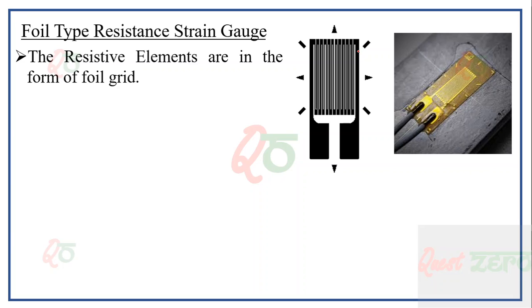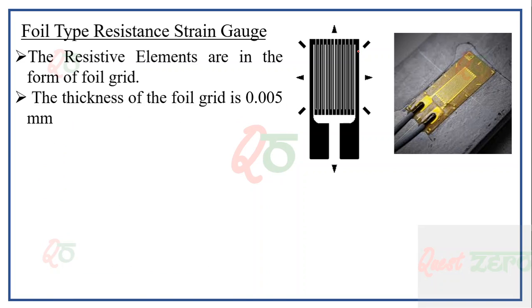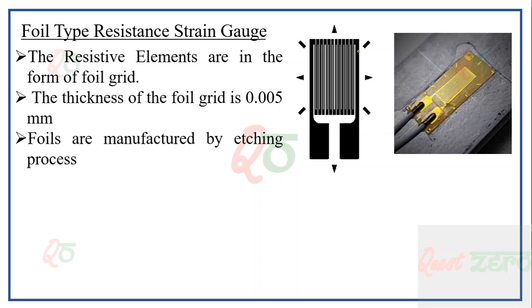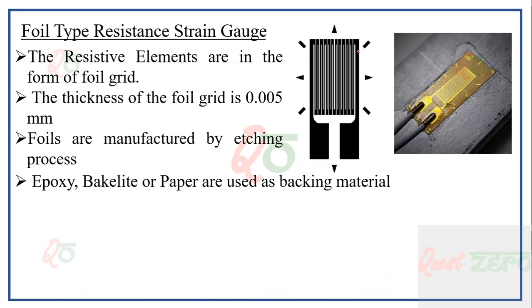In these, the resistive elements are in the form of a foil grid, and the thickness of this foil grid is very thin, 0.005 millimeter it could be, and it is manufactured by the etching process. As I told you, because of advancements in the manufacturing process as well as the materials, we could come up with foil type resistance strain gauges.